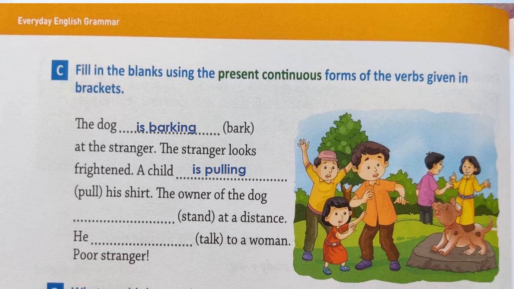The owner of the dog dash at a distance. Now here the verb is stand and we are talking about the owner, that is singular. So is standing. He dash to a woman. Now we are talking about he, that is singular, and talk will become talking. So he is talking to a woman, poor stranger.